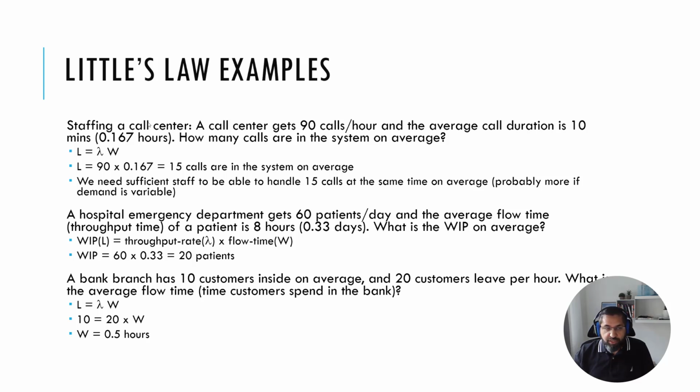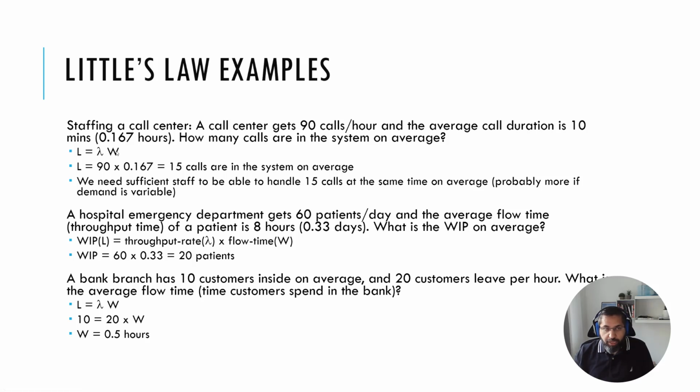Arrival rate of 90 is lambda, and the throughput time is the duration of the call, which is W, right? And obviously throughput time also includes waiting time. So if the calls have to wait, then you have to add 10 plus the waiting time. But here we're assuming we don't want the calls to wait.